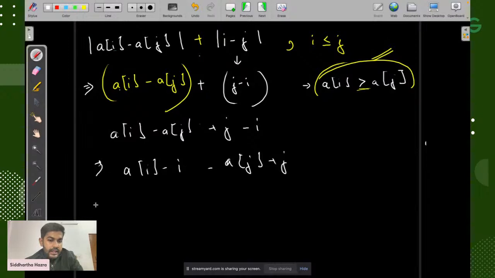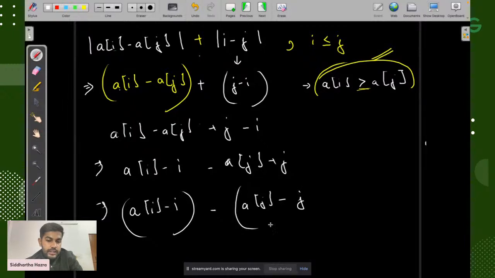Then if we keep this, and a of j minus j, this can be understood like this. Basically we just need the difference of the current element and the current index, for both i and j.